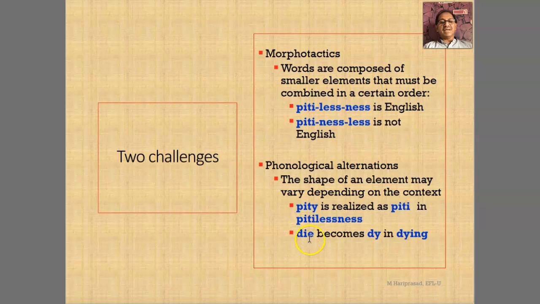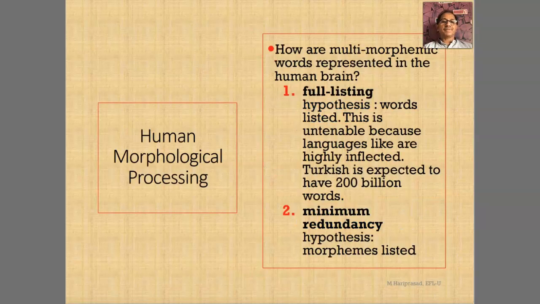Similarly, a word like die, D-I-E, becomes D-Y when you attach ing, the present participle form, dying, right? When the present participle inflection attaches to the word die, it becomes dy. So this alternation also we need to take into consideration when we develop a morphological parser. So these are the two challenges, particularly when we develop a morphological parser.